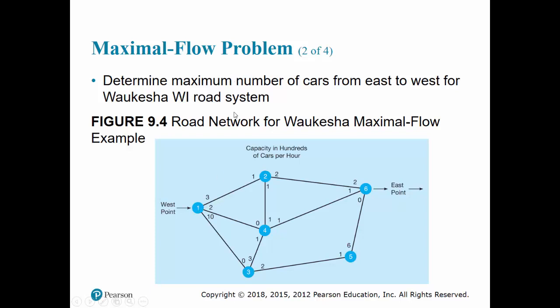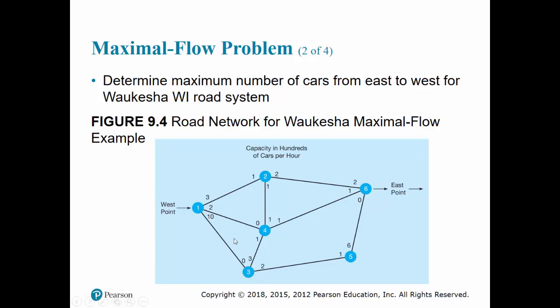Here I think it's in thousands, so 3,000 cars can go in this direction, then 1,000 cars can go in this direction. Or 2,000 cars and 0, so apparently this is a one-way street. The number is the capacity, the maximum that can flow from one side to the other.